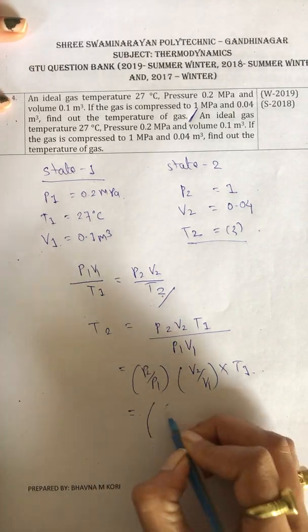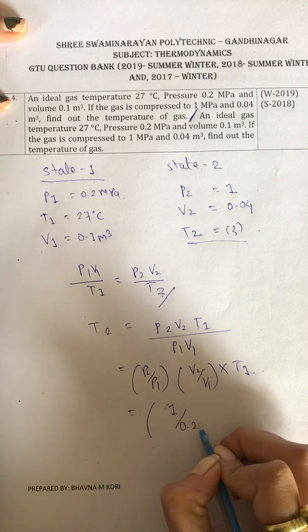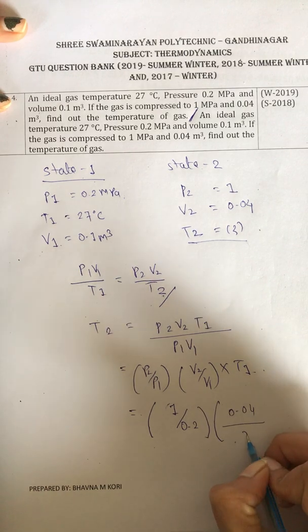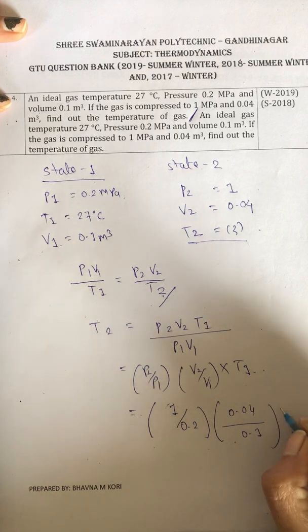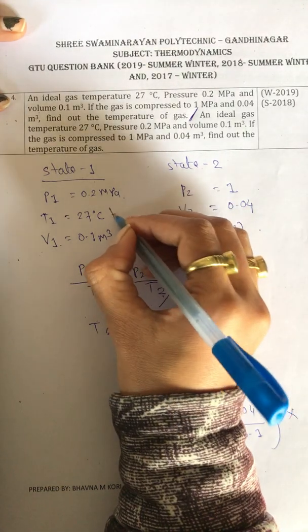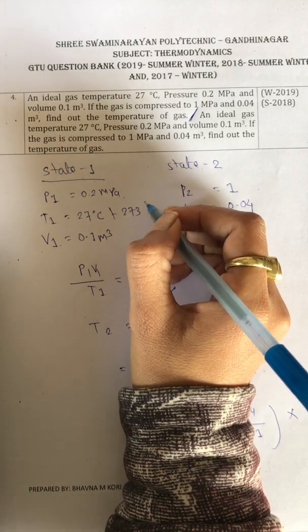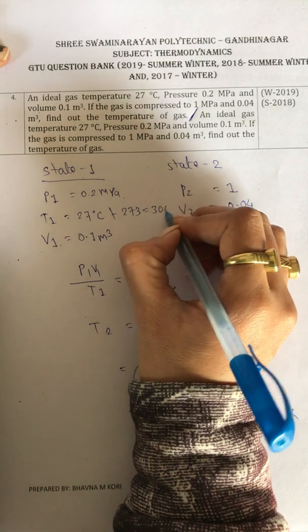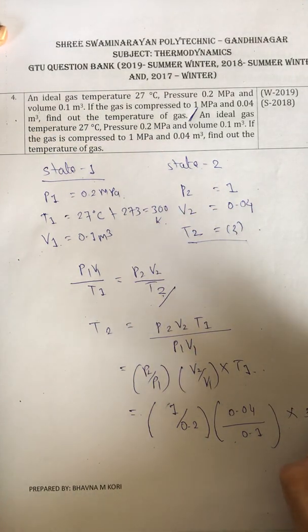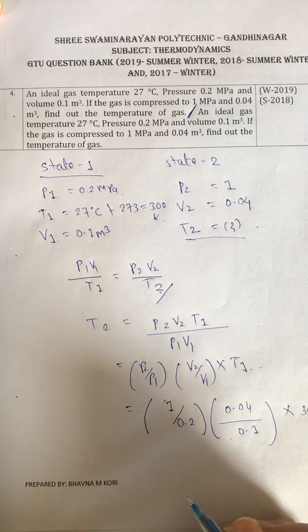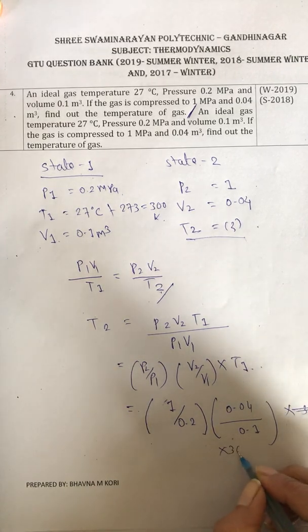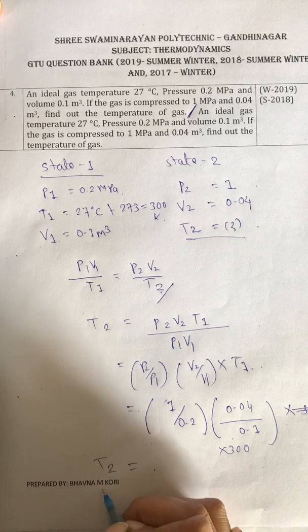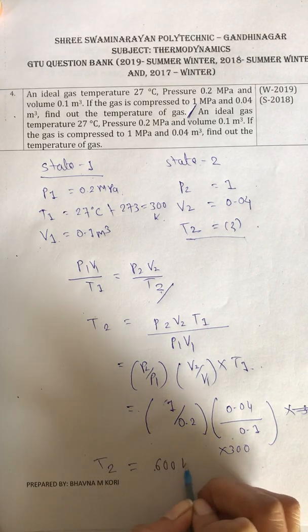P2 is 1, P1 is 0.2, V2 is 0.04, V1 is 0.1 and T1 is 27 plus 273. Don't forget to convert degree Celsius into Kelvin. So that is 300 Kelvin. Put the value 300 Kelvin. By solving this data, you will get the answer for T2 and that is 600 Kelvin.